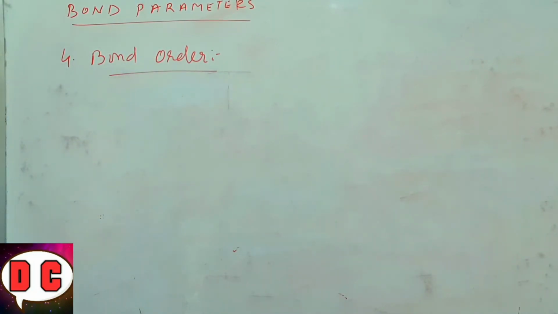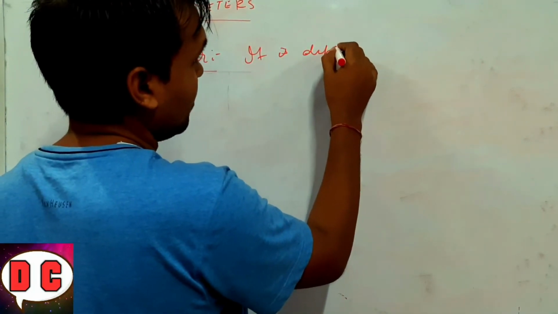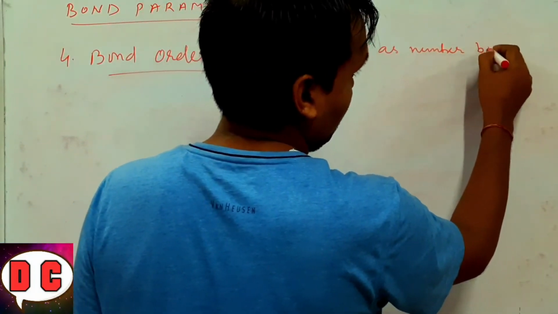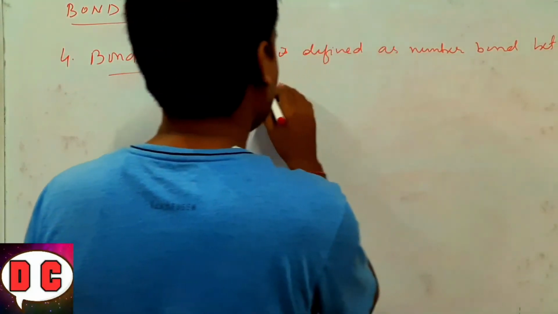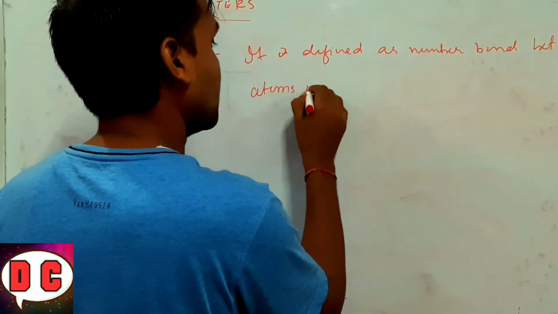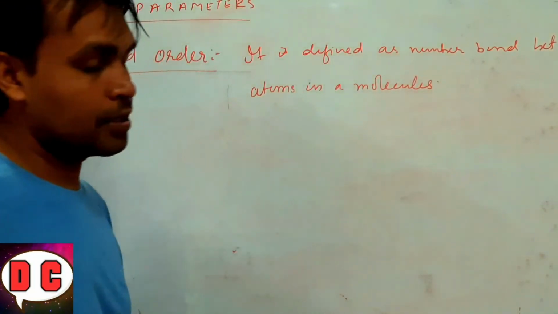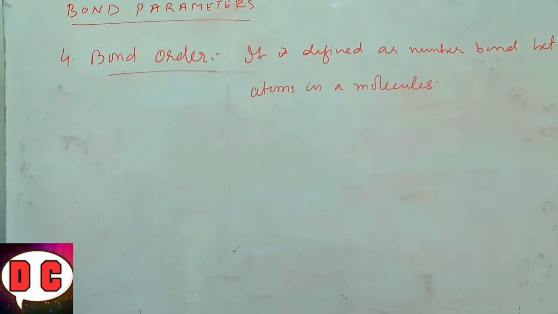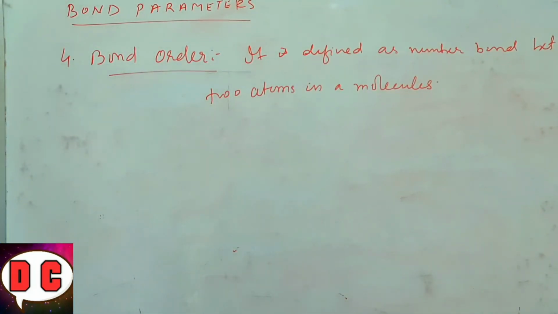Bond order is defined as the number of bonds between atoms in a molecule. Okay, bond order is defined as the number of bonds between two atoms in a molecule. Got it or not?